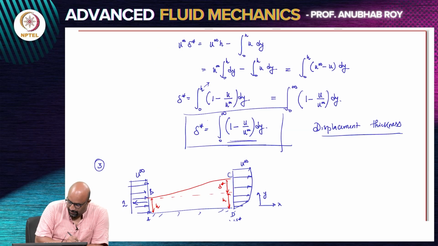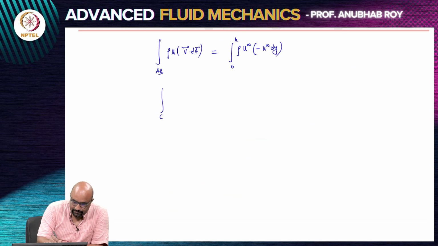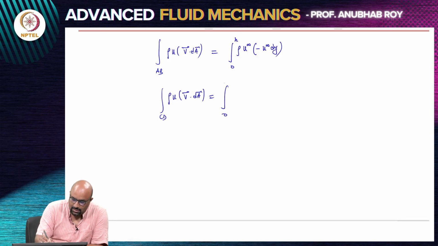For surface CD, I do the same exercise and I have 0 to h plus delta star, rho u and v dot dA will be plus u dy.